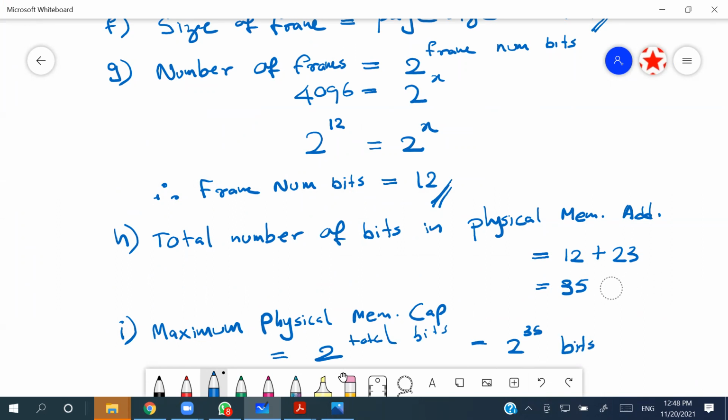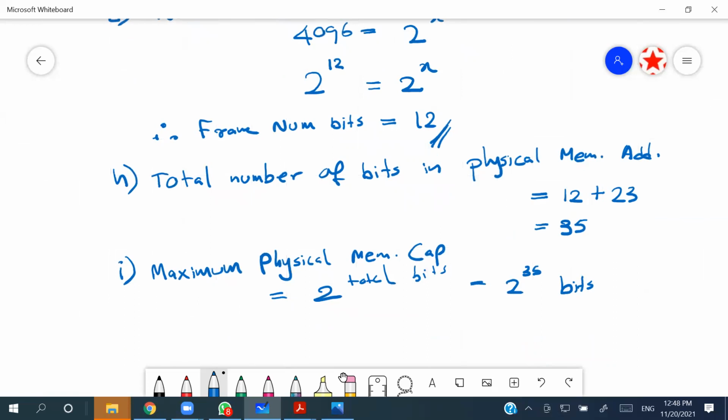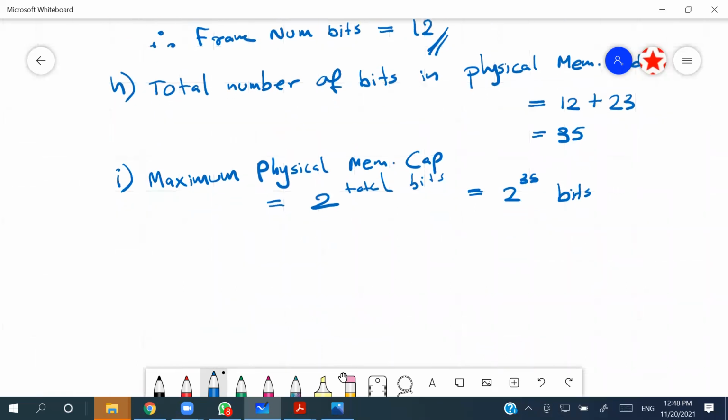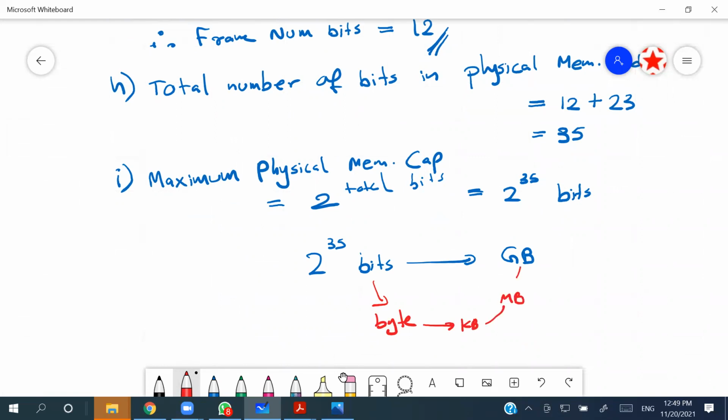It's better you not to put this unit over here. It's just 35 is good for the H part. And now we are going to convert 2 to the power 35 bits into the gigabytes. Bits into byte, byte into kilobyte, kilobyte into megabyte, megabyte into gigabyte.